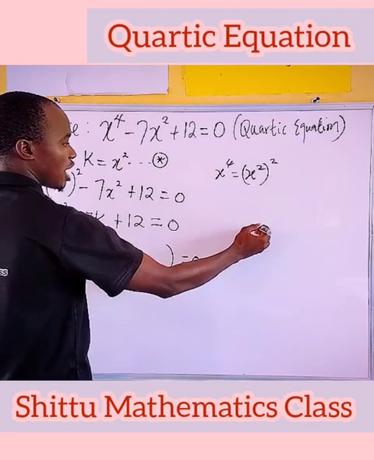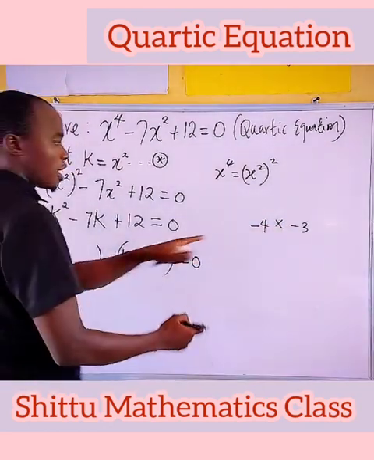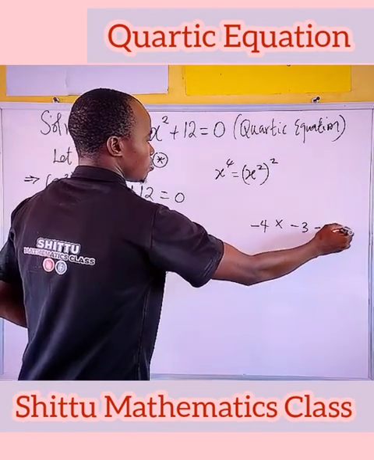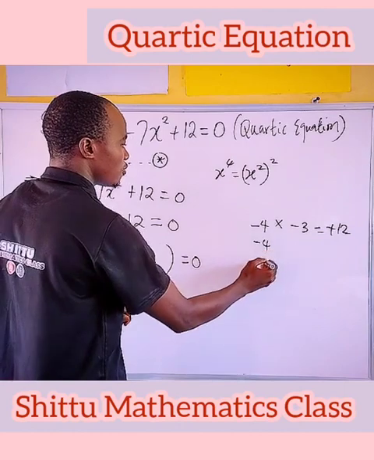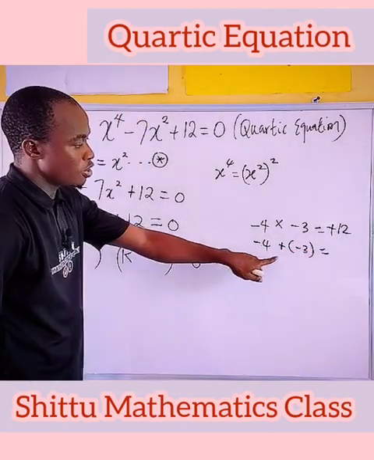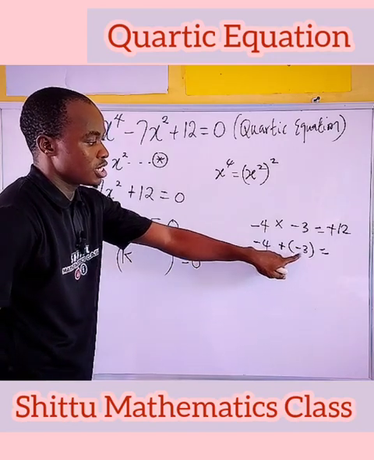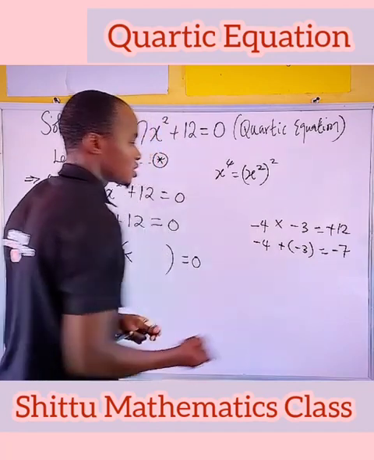You can see that minus 4 times minus 3 gives plus 12, and that is what I have here. Also, minus 4 plus minus 3 is minus 4 minus 3, and this is minus 7.